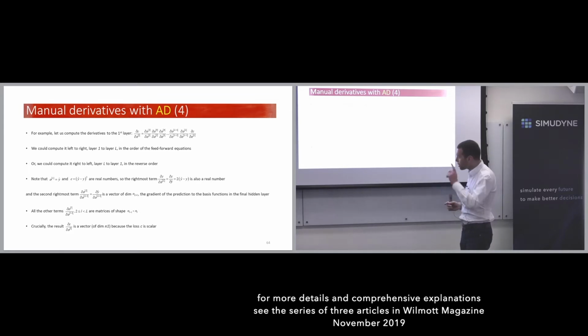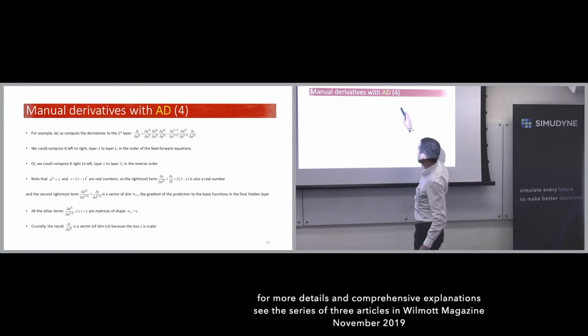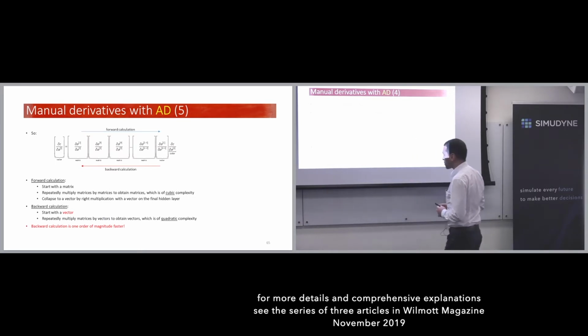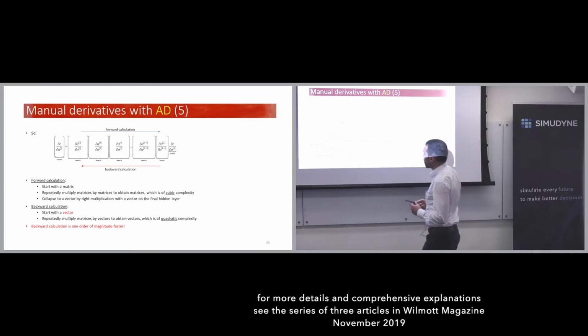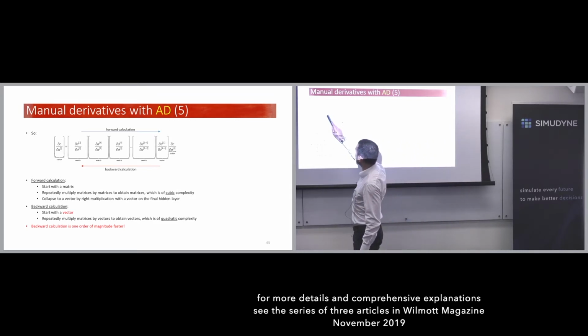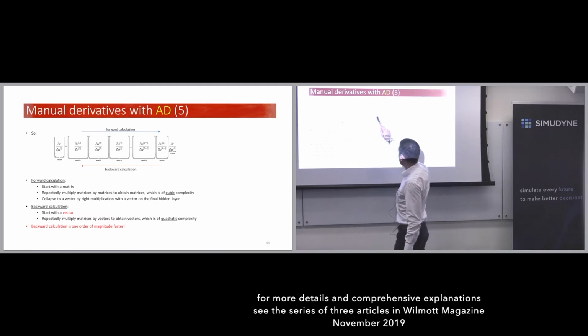The prediction and the loss are real numbers. So, to look at it visually, my dC over dA1 is a series of matrix products, finally multiplied by a vector, finally multiplied by a scalar.